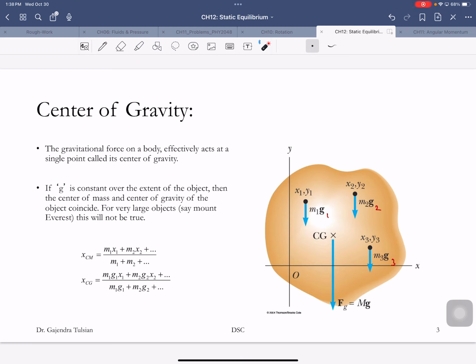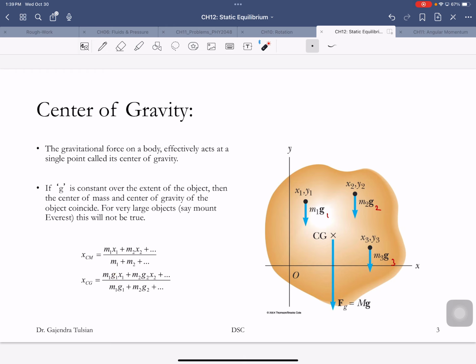So this was the center of mass formula, and the center of gravity formula is exactly the same, except that you put the acceleration due to gravity at those locations, divided by that. And now if the object is small enough that all those values are equal to g, then g will cancel and this will be exactly equal to that.